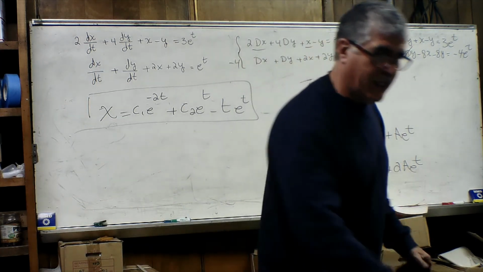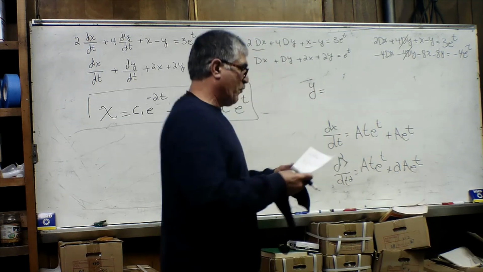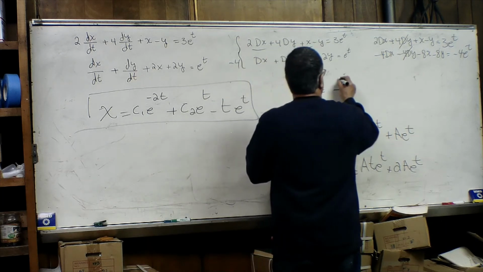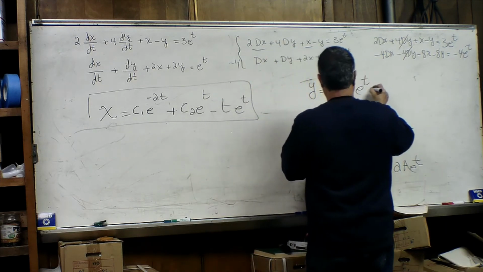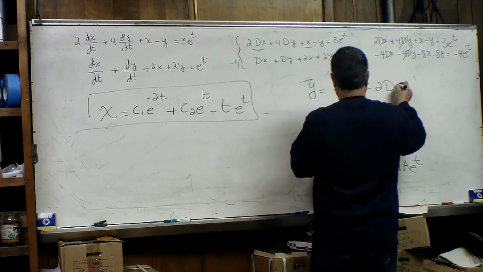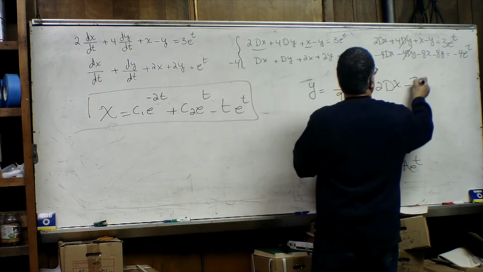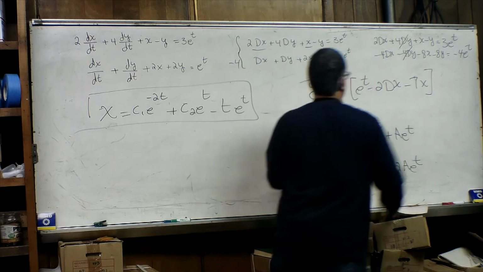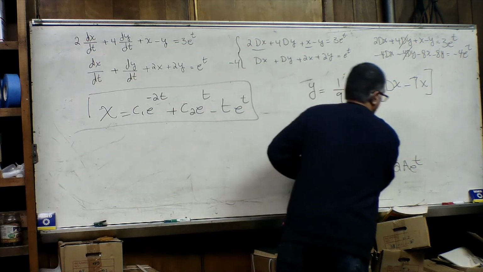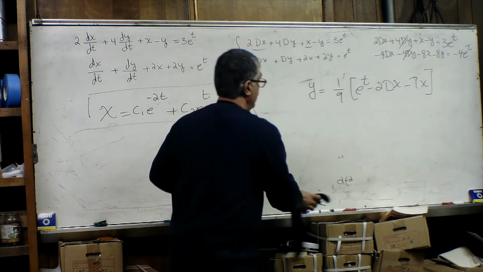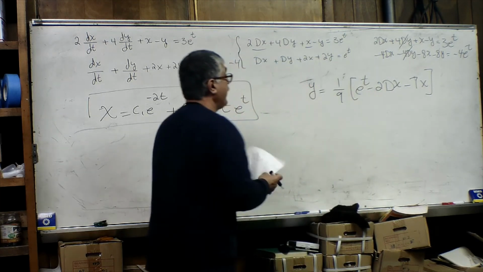I have the answer for y: it will be 1 over 9 of e to power t minus 2dx minus 7x. So this is going to be the value for y.